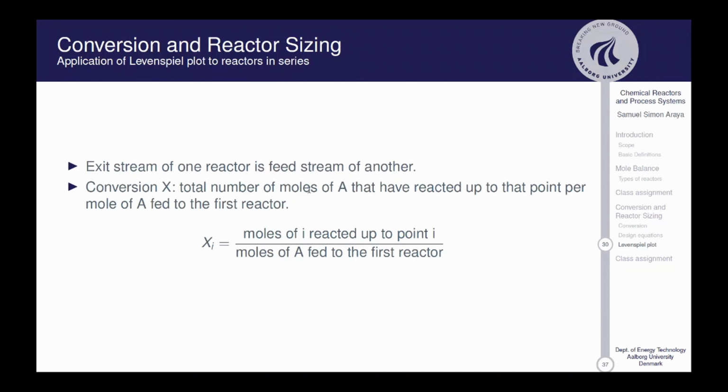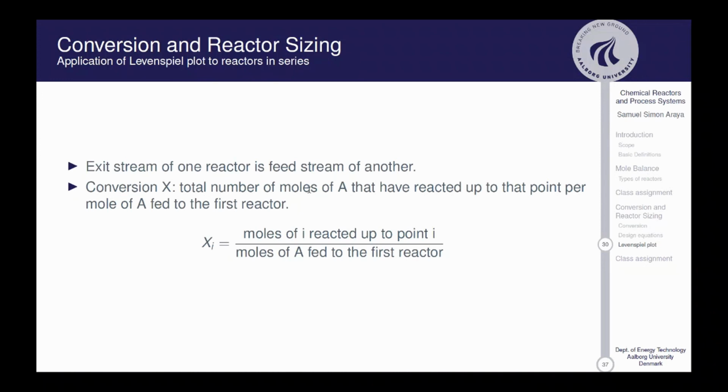Then another thing we can do is put more reactors together in series, for example. If we do that, in the case of a CSTR, we get less volume. So we can save reactor volume by putting more reactors in series, especially for CSTRs.